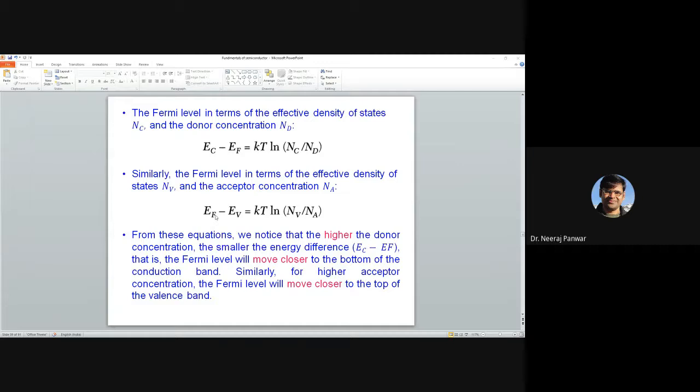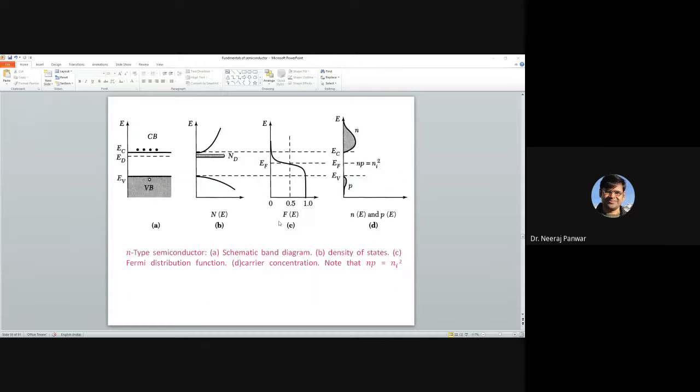Similarly, the difference between Ef and Ev will decrease on increasing the acceptor concentration. So this means that the Fermi level will move closer to the conduction band for the N-type semiconductor, and it will move towards the valence band for the P-type semiconductor.